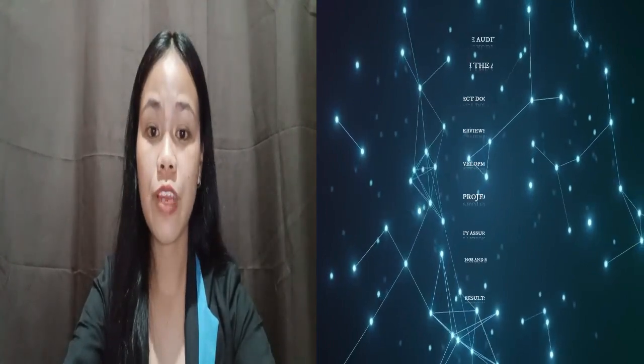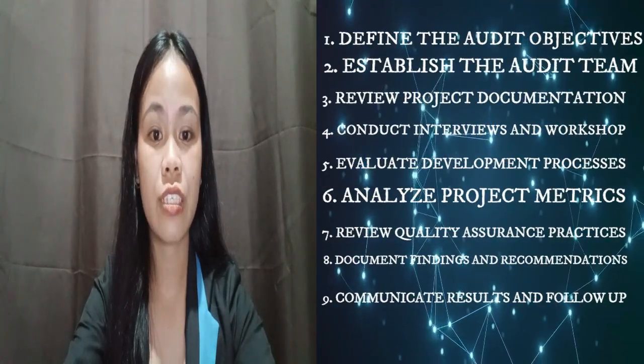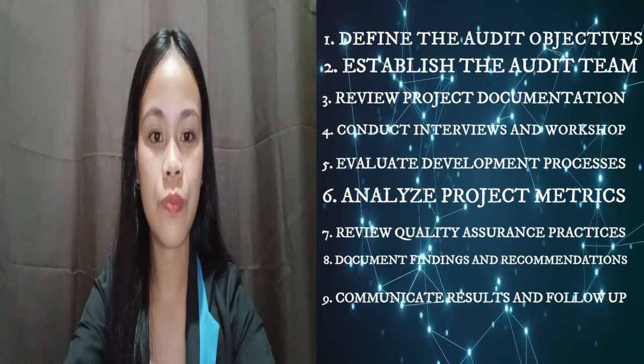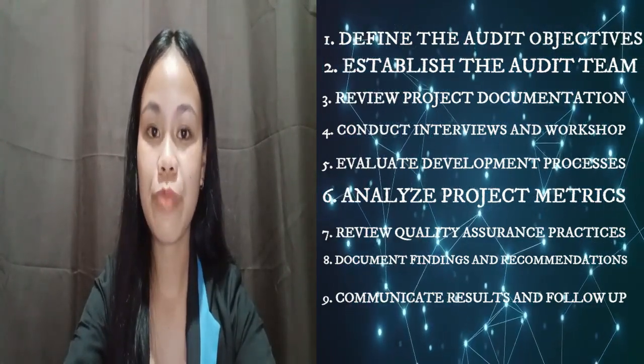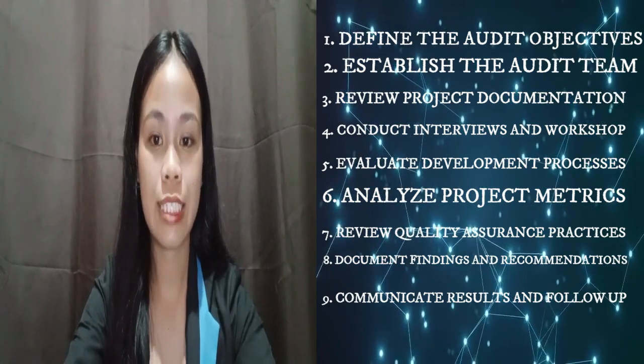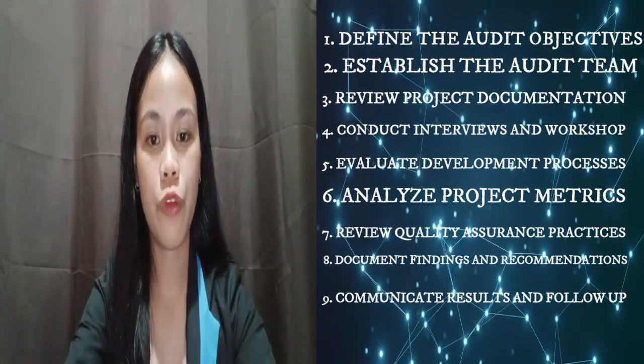Follow up regularly to track the progress of remediation efforts and ensure the improvements are sustained over time. By following these steps, organizations can conduct effective operations audits in system development, identify areas for improvement, and enhance the efficiency and effectiveness of their software development processes.